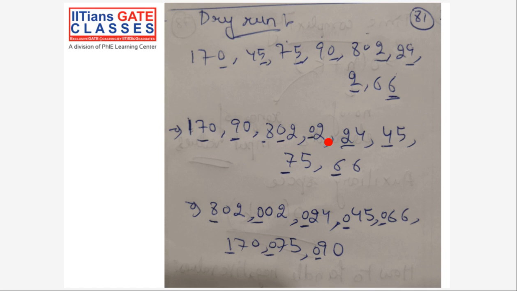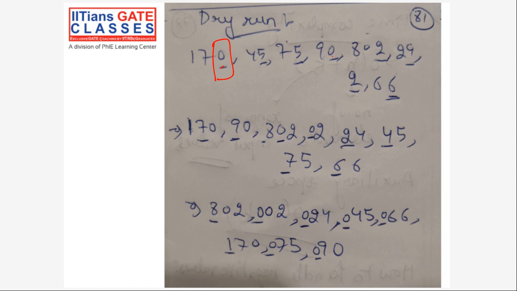Now the next question is, when you're arranging, if two zeros come, then whom to pick up first? The simple thing is whichever zero is coming early should be picked first. That's why I wrote 170 before 90. Is this clear?